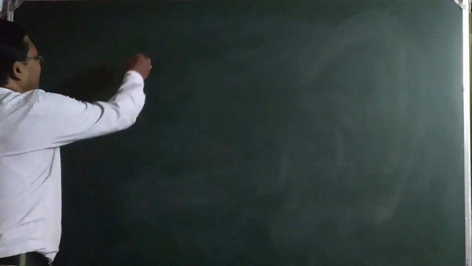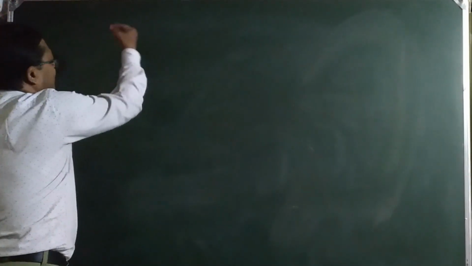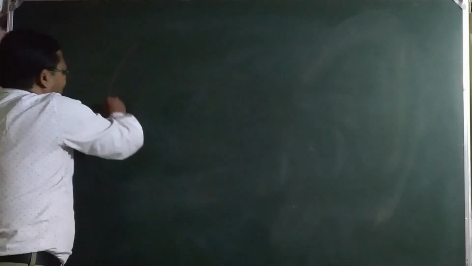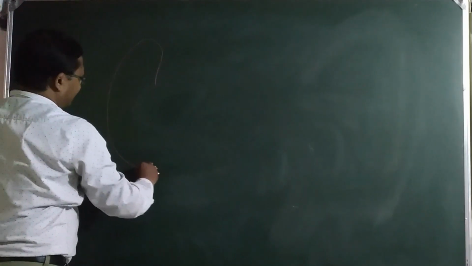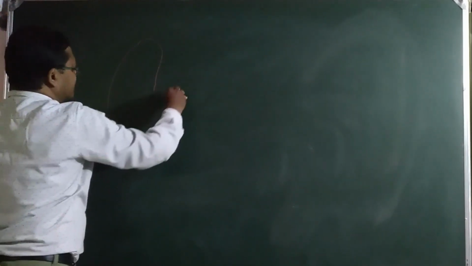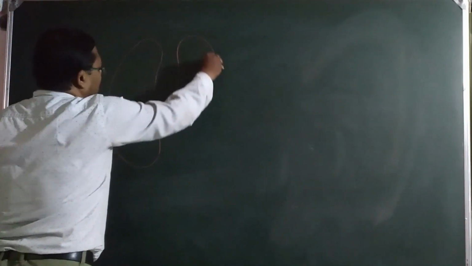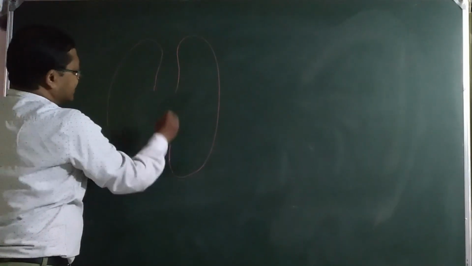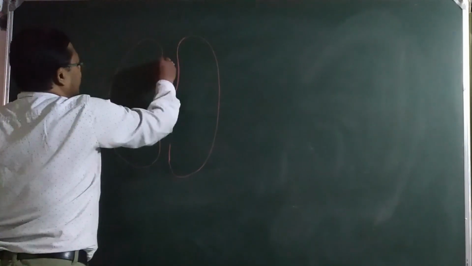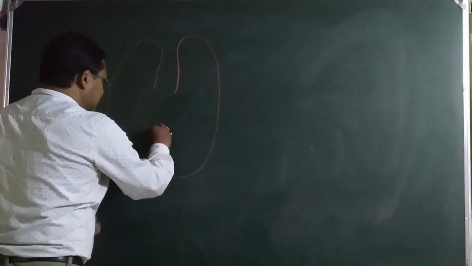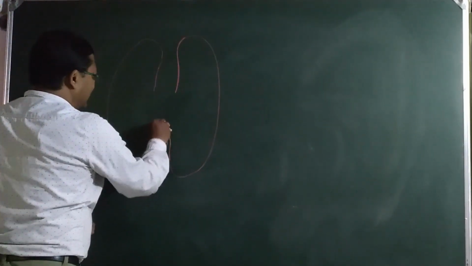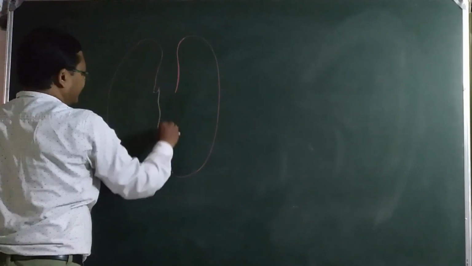The covering of the seed is the testa, and the inner covering is the tegmen. These are the two cotyledons, and they are attached to each other by the axis.